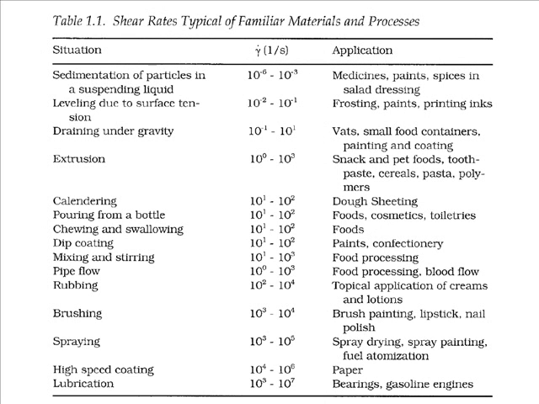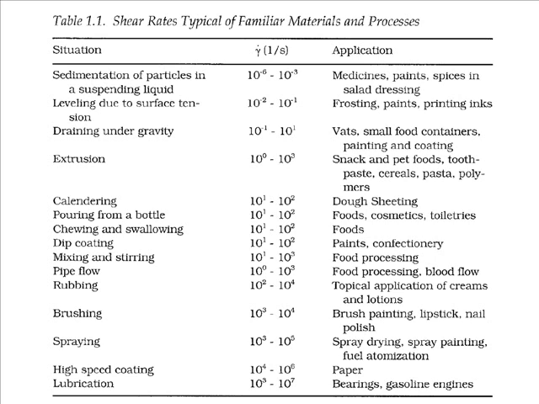Here you see the shear rates typical of familiar materials and processes. So each of the different processes that you may be doing, you may be extruding, calendaring, pouring from a bottle, flowing through a pipe, brushing, spraying, coating, and lubrication, they have their own shear rates. And so the applications you see on the right hand side.